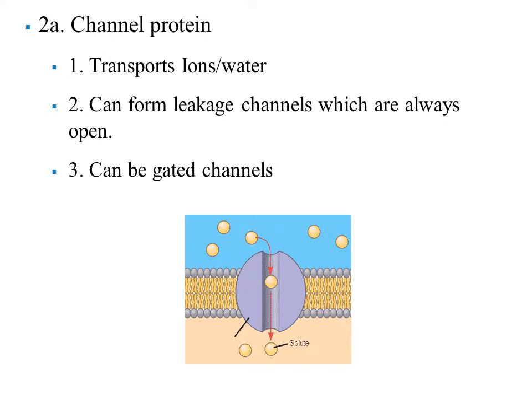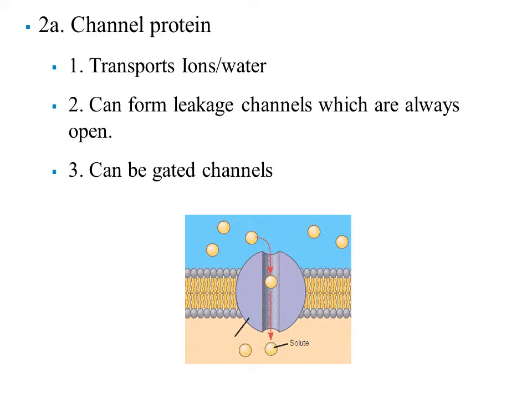Let's further discuss the channel protein, which forms this hollow hole. The channel protein is going to transport ions and water. You can also have a leaky channel. This leaky channel is going to always be open.